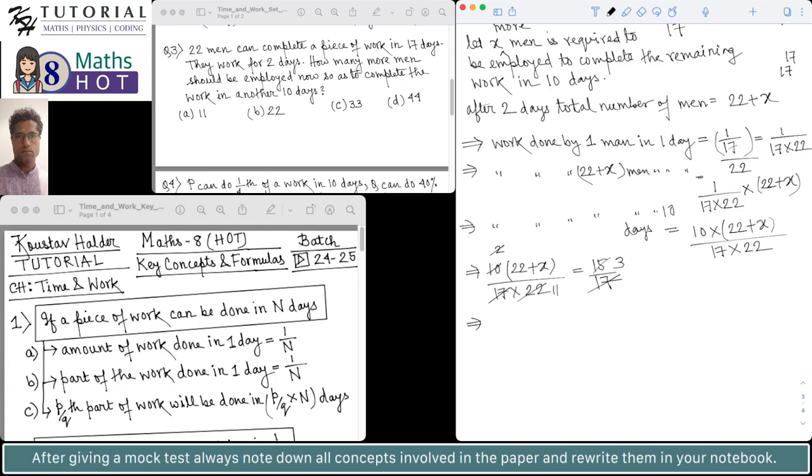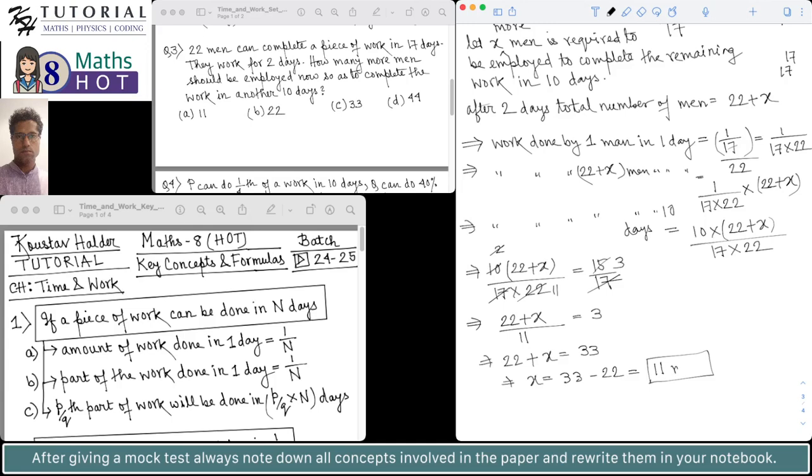So I am left with 22 plus x divided by 11 is equal to 3. So this implies 22 plus x is equal to 33. This implies x is equal to 33 minus 22, which is 11.